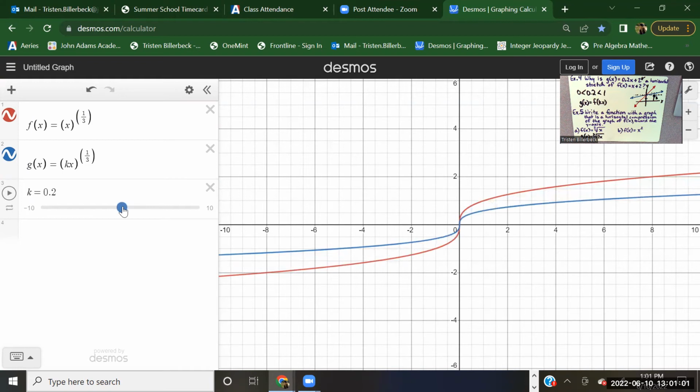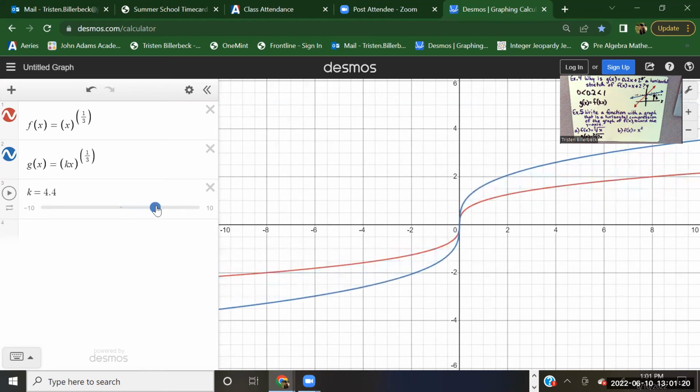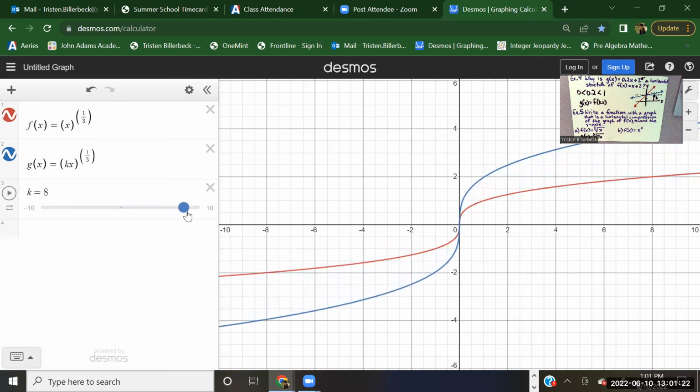See how it's stretching away from the y-axis. So that would be a horizontal stretch or vertical compression. We're trying to write a horizontal compression, which means it needs to move toward the y-axis. So if we move k to 7, as I've put down there, see how it's now closer to this y-axis.